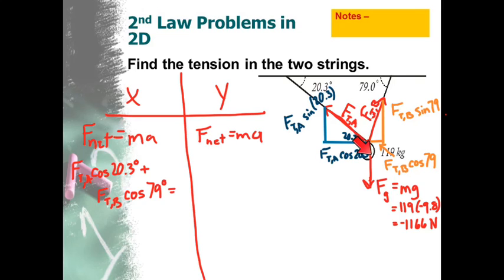But my ball is not accelerating in the horizontal direction, so I can set this entire thing, m times a, equal to 0, because there's no acceleration in the x direction. The ball's not changing its velocity in the x direction.